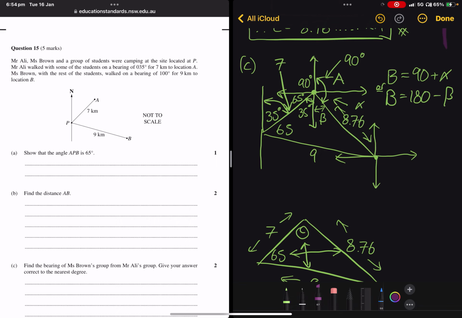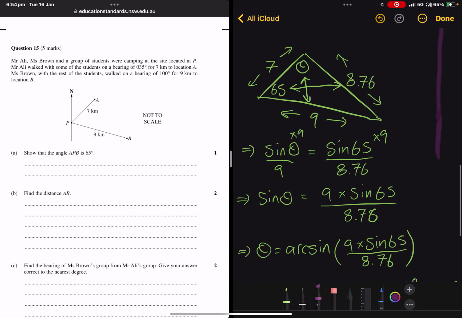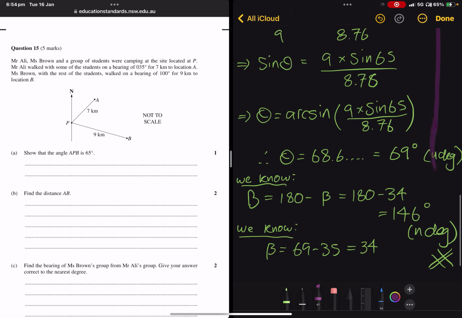The markers will specify very strictly when they're marking what exactly that means. But if you have good working that's getting you reasonably close to having a bearing, it's likely to get you 1 mark. In this case, there's actually quite a lot of this here. This would take us all the way down to doing the arc sine pretty much, because we'd have to get this angle. And then the second mark will be for providing the correct solution.